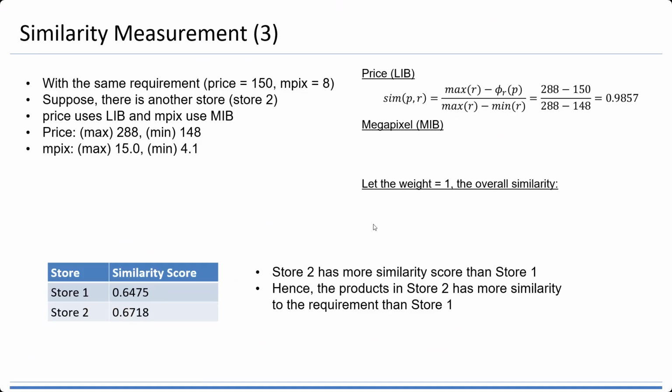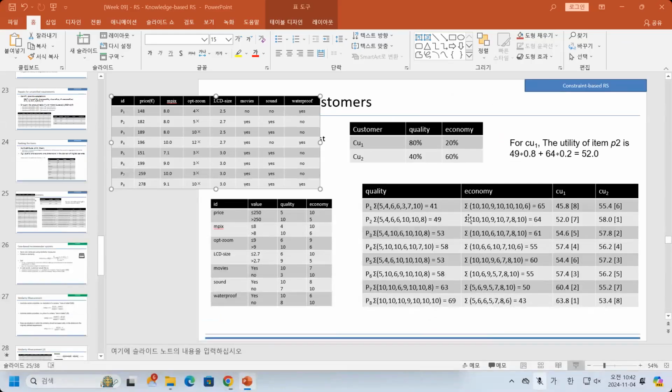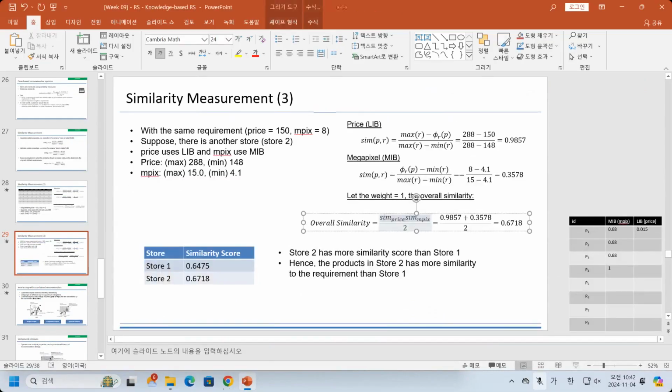So again, we can calculate with the price, which is less is better, and then the megapixel, which is MIB, more is better. And using the same weight equal to 1, we can calculate the overall similarity. So the similarity is like this. This is plus, this is plus.